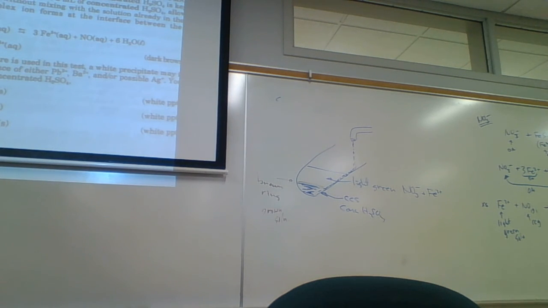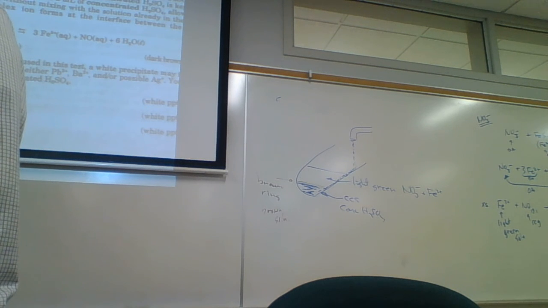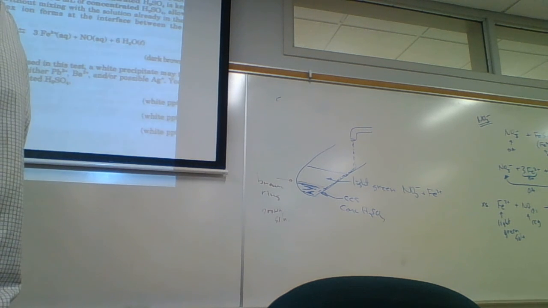Sodium hydroxide is a big eye hazard. Silver and lead and barium, heavy metals. So just try to avoid touching this stuff and avoid spills. If you do splash a little on you, wash it off for 15 minutes or so.